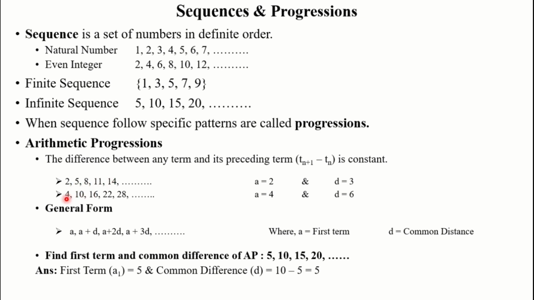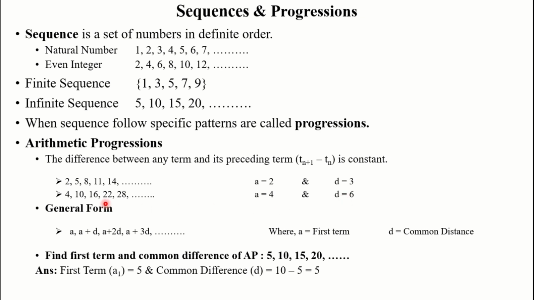Another example is 4, 10, 16, 22. Here the first term is 4, which is represented by a equal to 4, and the difference between a term and its preceding term is 10 minus 4 is 6, 16 minus 10 is 6, 22 minus 16 is 6. So the first term is 4 and the common difference is 6.